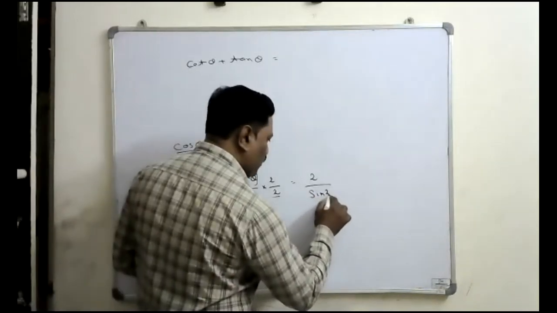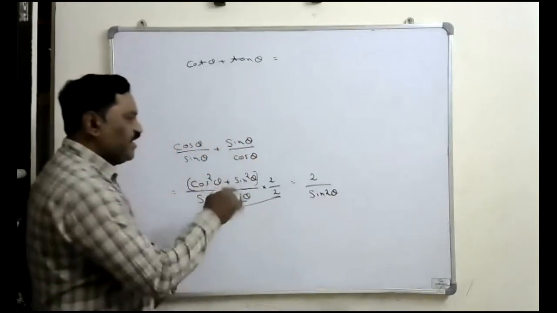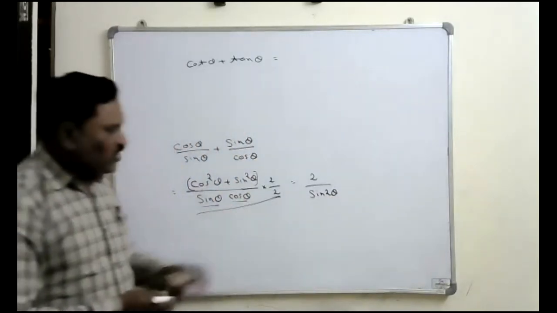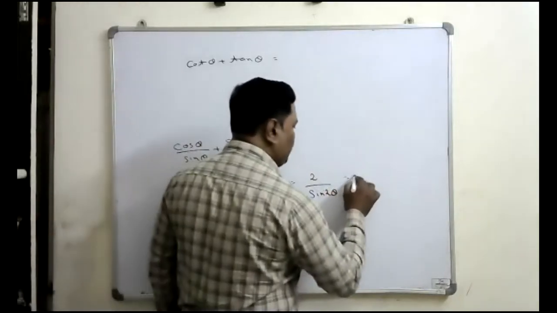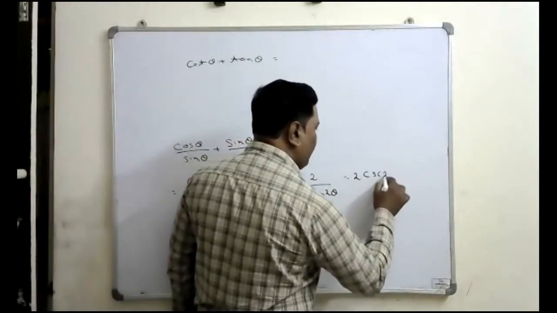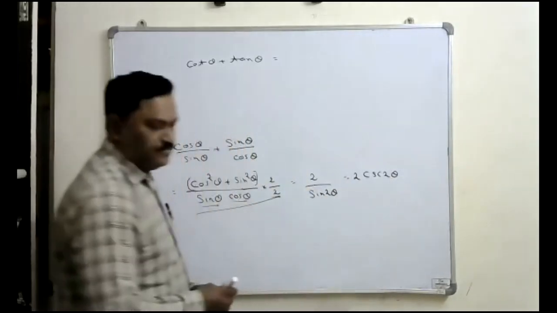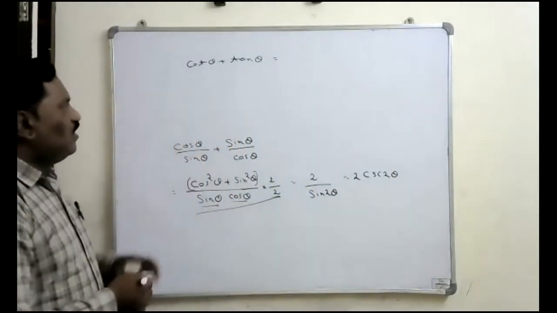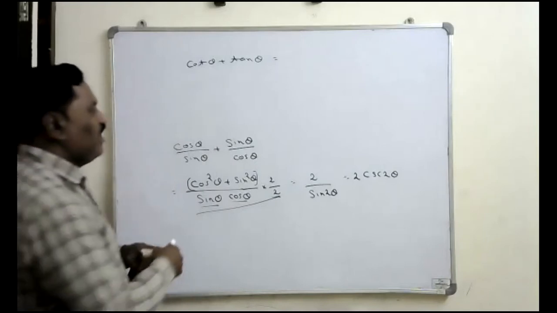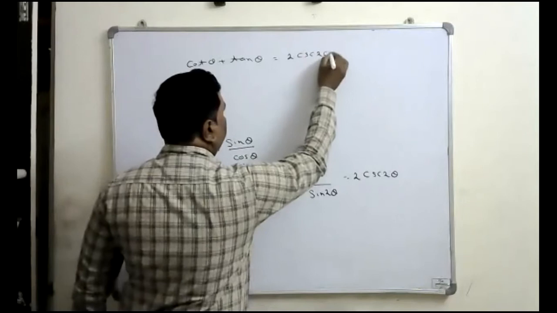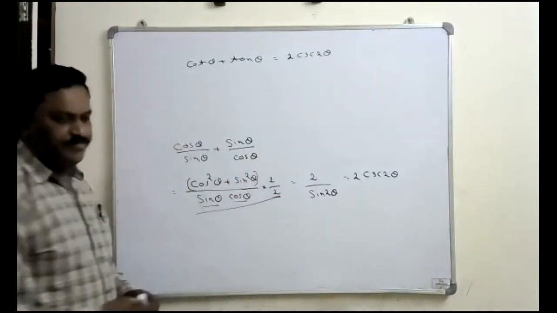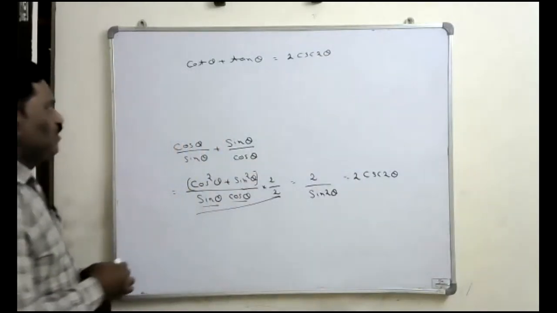So this becomes 2 by sin 2 theta, and 1 by sin becomes cosecant. That's why this is equivalent to 2 cosecant 2 theta. So that is the result you have to remember. Cot theta plus tan theta is equal to 2 cosecant 2 theta.